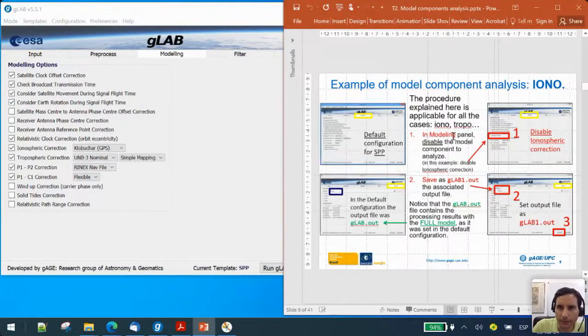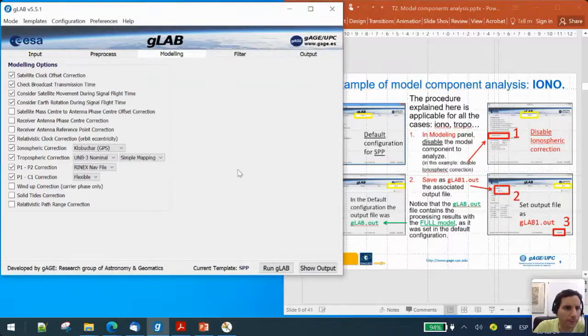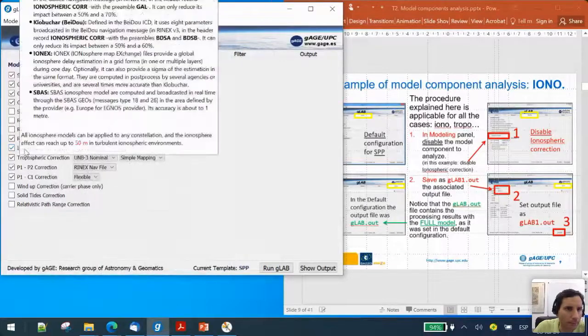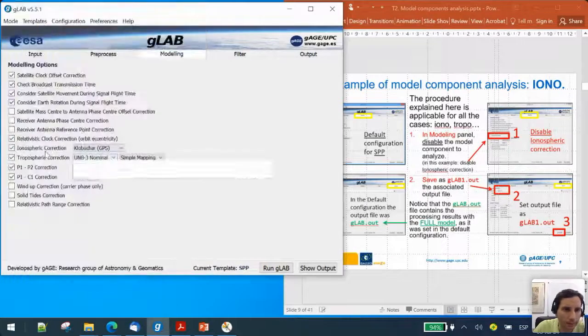Then the tutorial tells us to disable the iono correction, the ionospheric correction. How do we disable the ionospheric correction? It is here in the middle. Here we can see that we have different models. We have the Klobuchar, the original model broadcast by GPS.